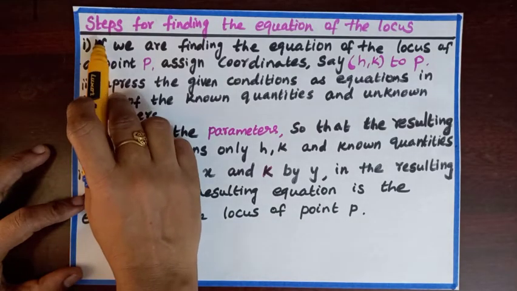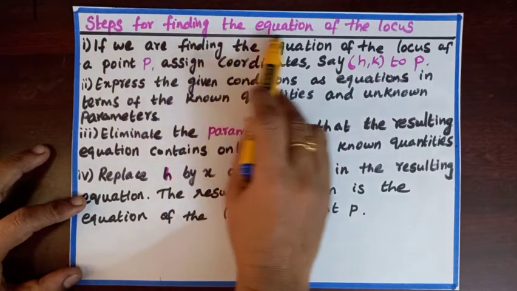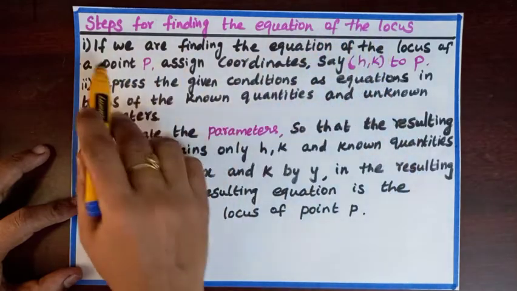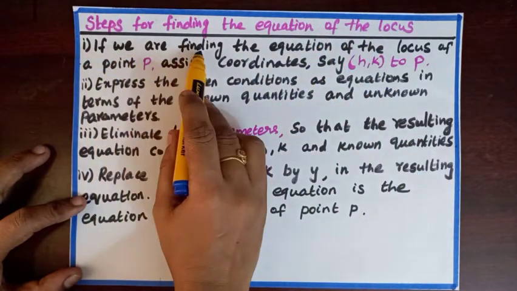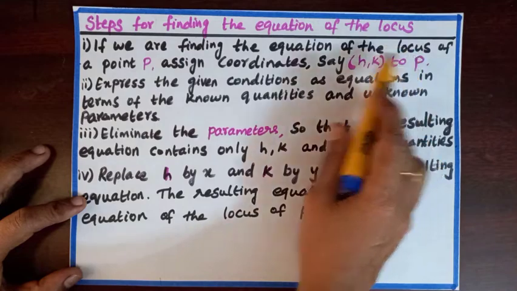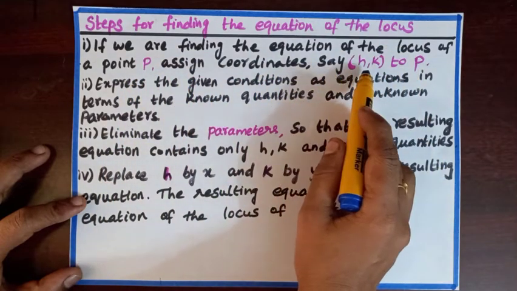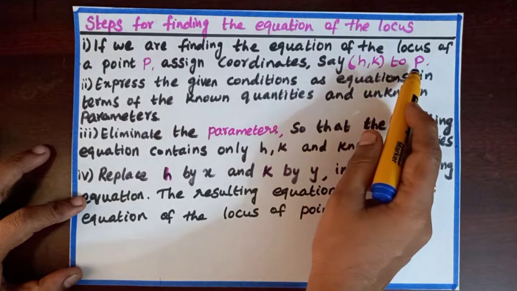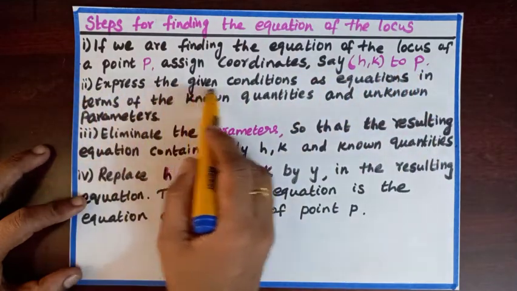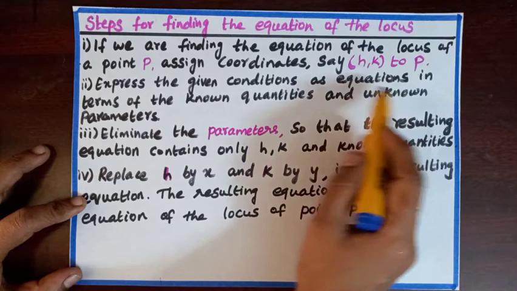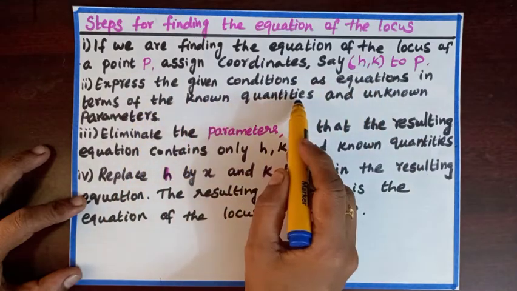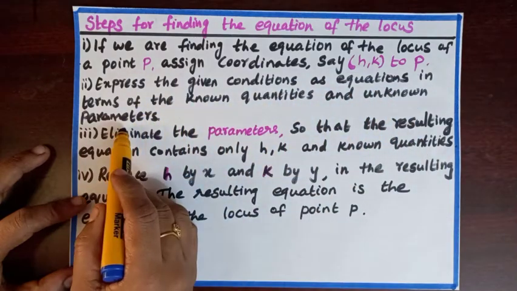We need to follow these steps for finding the equation of the locus. Step 1. If we are finding the equation of the locus of a point P, assign coordinates, say h, k, to P. Step 2. Express the given condition as an equation in terms of the known quantities and unknown parameters.